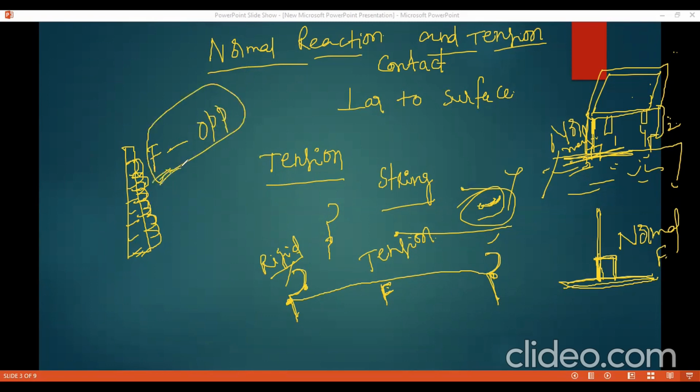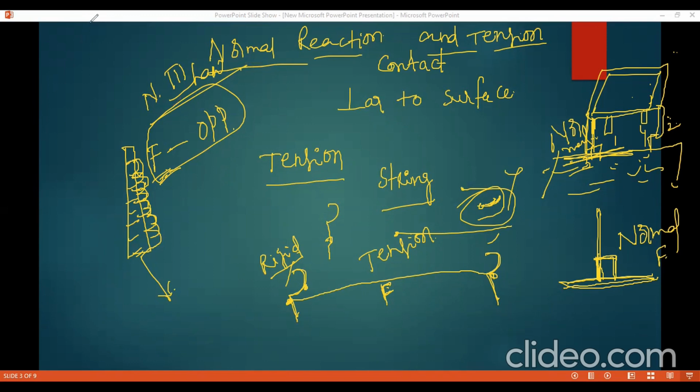Equal forces act in opposite directions, due to Newton's third law. We will study this also. Because of this, the string can only pull an object. It won't push. In some cases you can observe that only pull or only push happens.